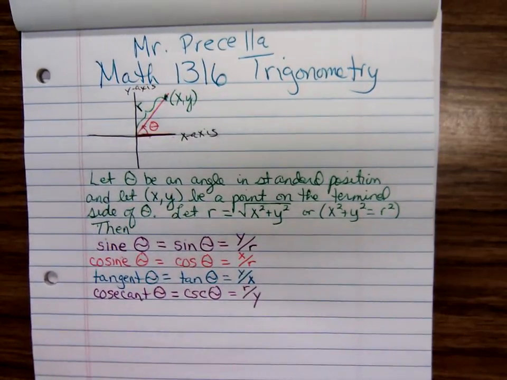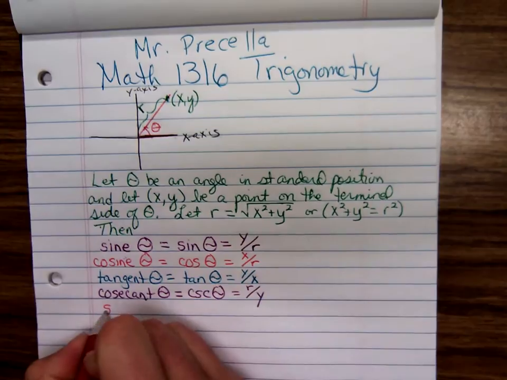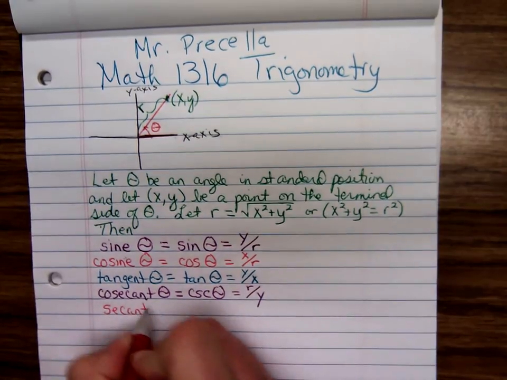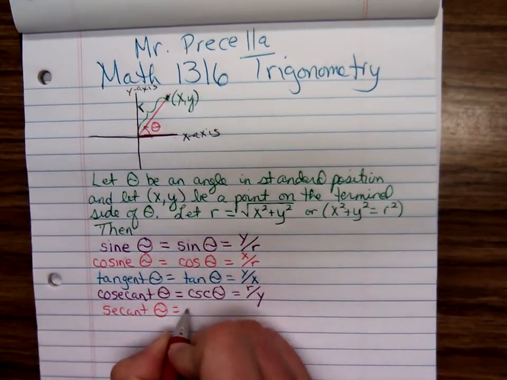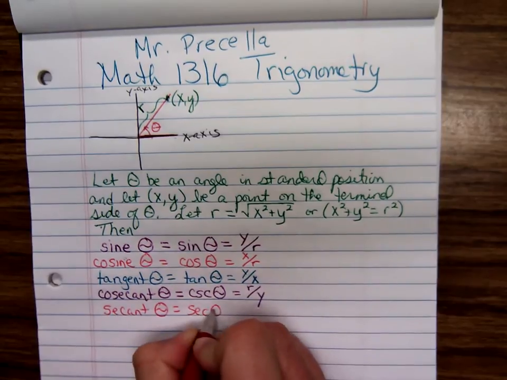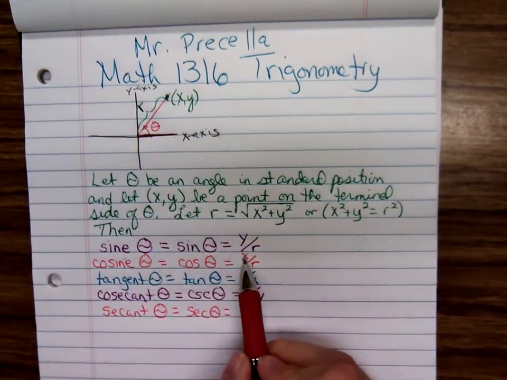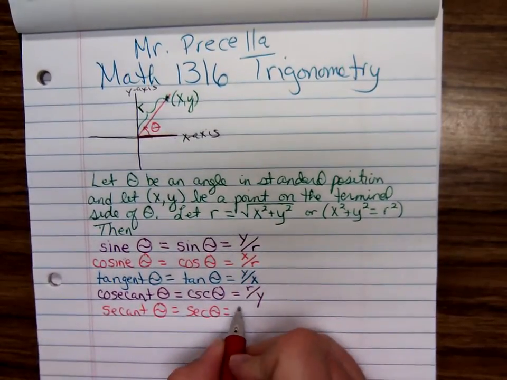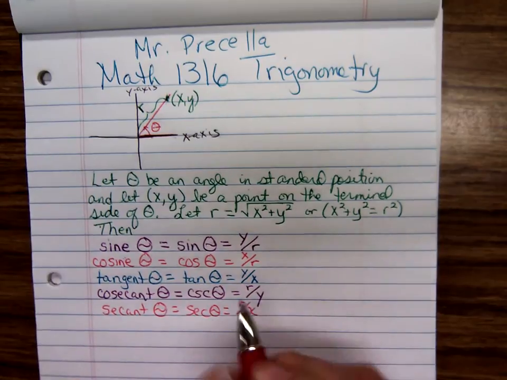So these next three functions are the reciprocal functions. Secant theta, abbreviated SEC, is the reciprocal of cosine, so r over x.